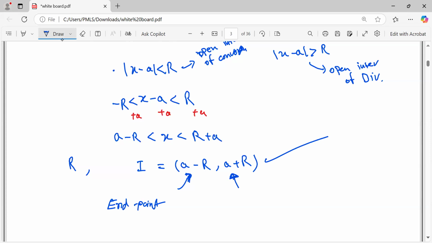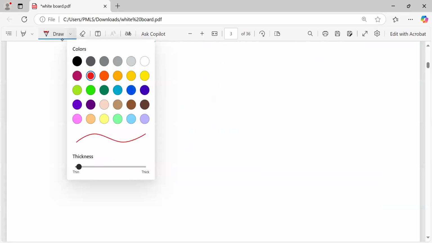Okay, so we will take an example and work on it so that we better understand this concept. For example, we have the summation starting from n equals 1 to infinity of x^n over n factorial.